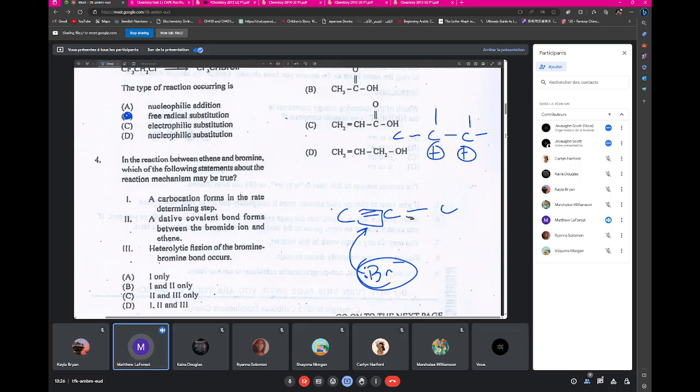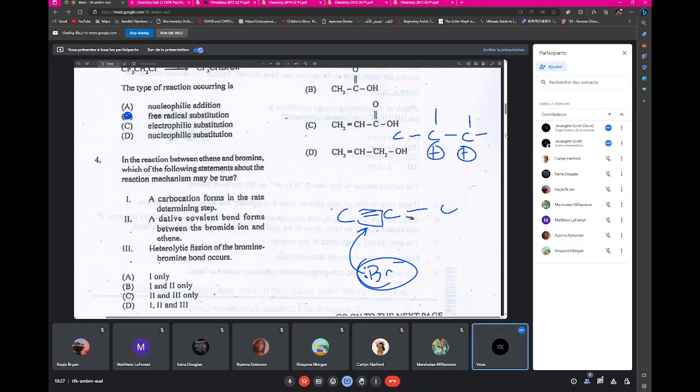But does the rate determination depend on the halogen? Like, if it was fluorine, it would be faster. Well, it can depend on that. Yes, it can. I'll say D.